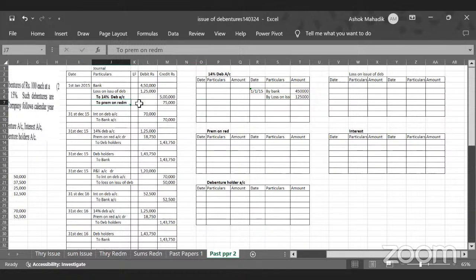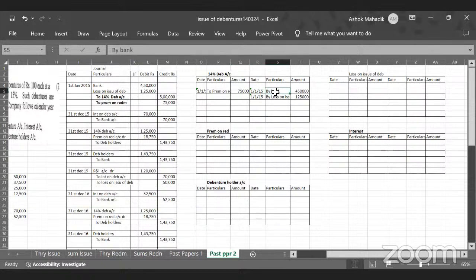On the other side, you write to premium on redemption, and it will be the same. To premium on redemption. This is how we have to post the entries in respective accounts. Clear? Now we give second effect of these three entries which appear in this debenture account.